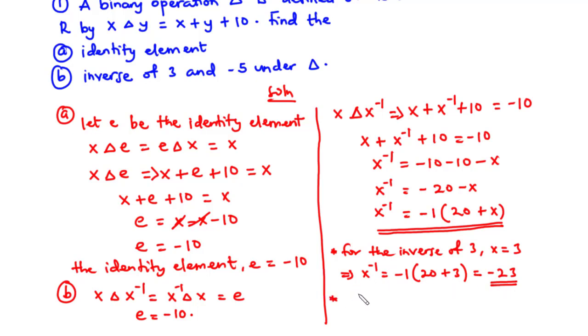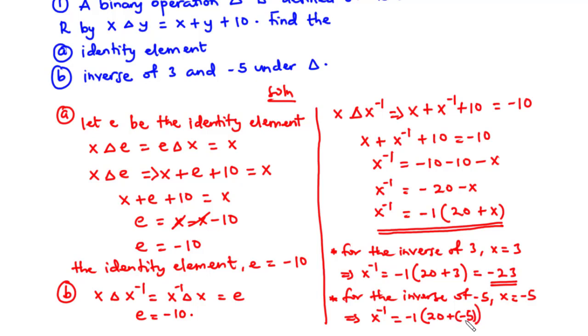Now let's solve for the inverse of negative 5. For the inverse of negative 5, x is equal to negative 5. So that is equal to negative 1 into bracket 20 plus negative 5.